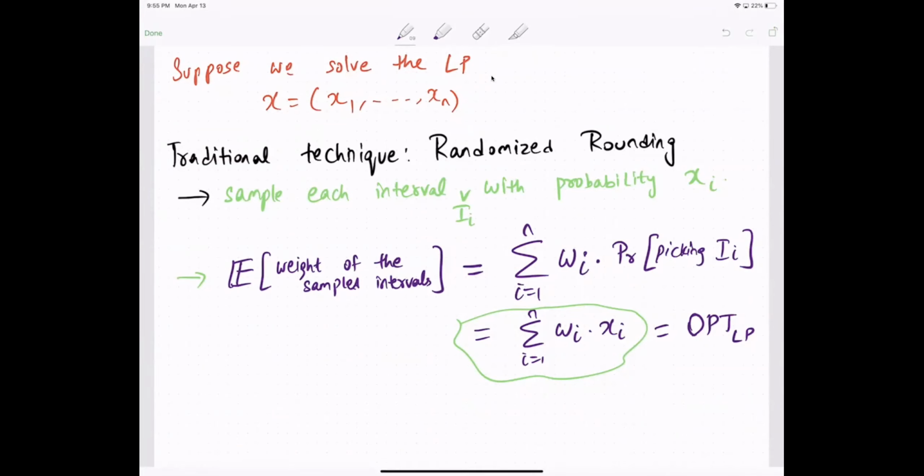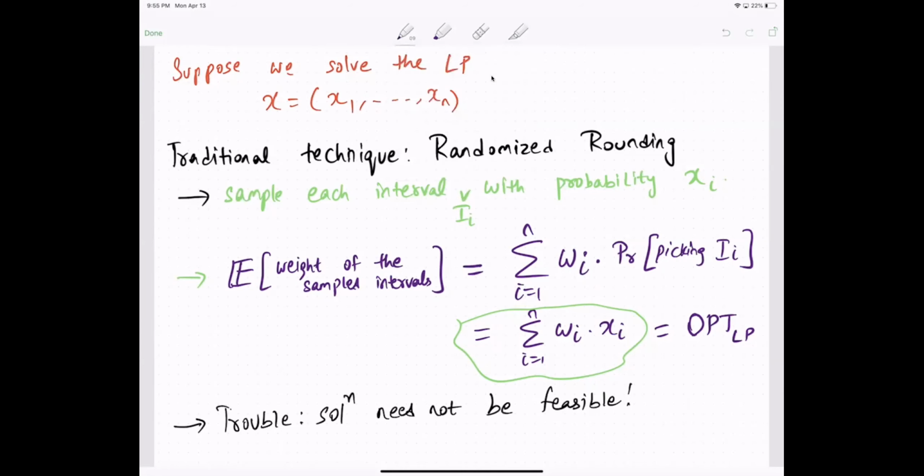Okay, that's good. But then I hope some of you might have already seen what's the problem with this idea. The trouble is that the solution need not be feasible, right?